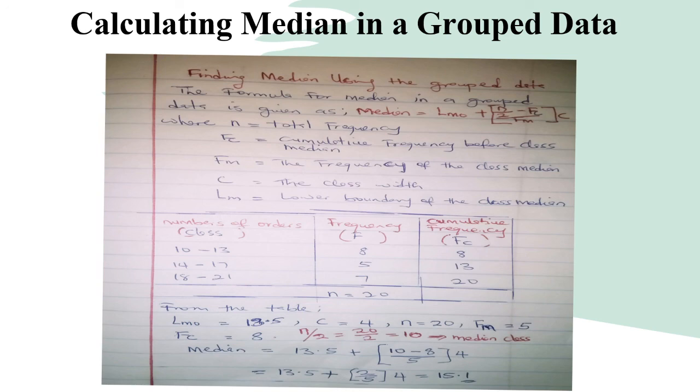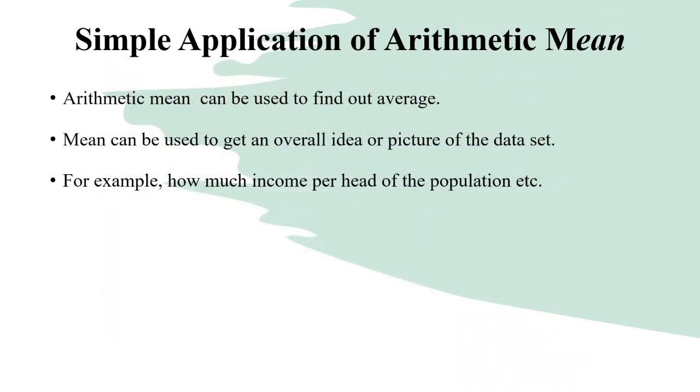Make it close. We go on to seeing the simple application of arithmetic mean. Arithmetic mean can be used to find out the average. Mean can be used to get an overall idea or picture of the data set. For example, when you are given a population and you want to find out your arithmetic mean, one, you will know the total of the population.